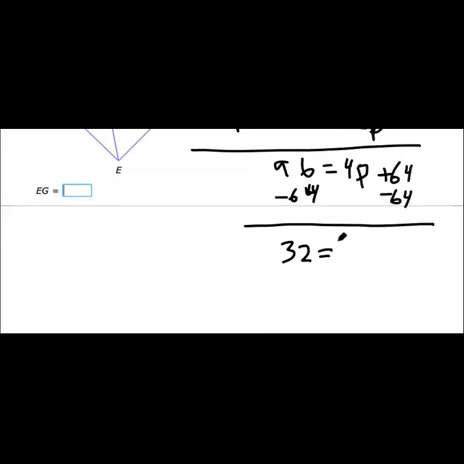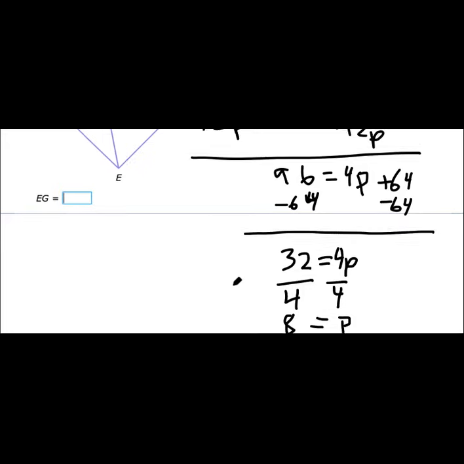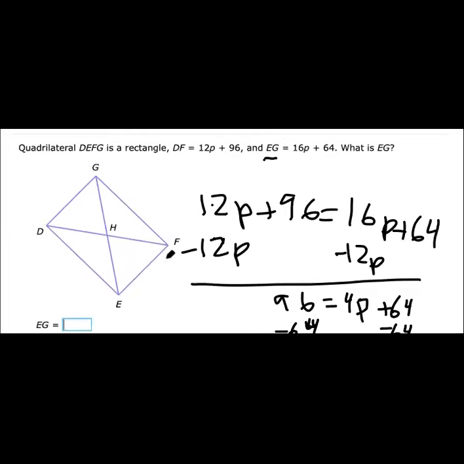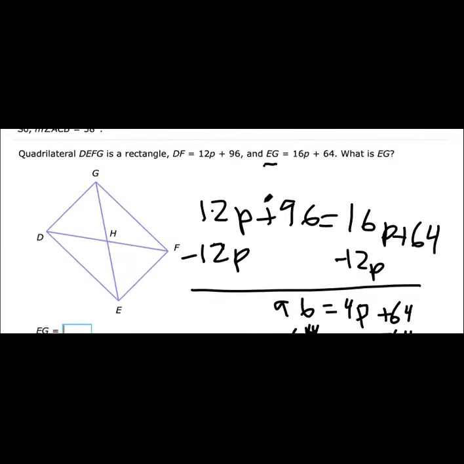We're left with 32 is equal to 4P. And then we're just going to divide by 4 on both sides. So P is going to be equal to 8. 8 times 4 is 32. So P is going to be equal to 8, which means I'm going to have to plug it back in here.